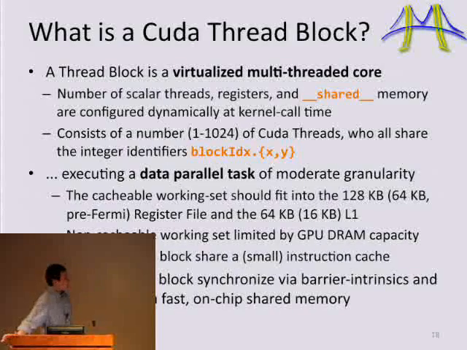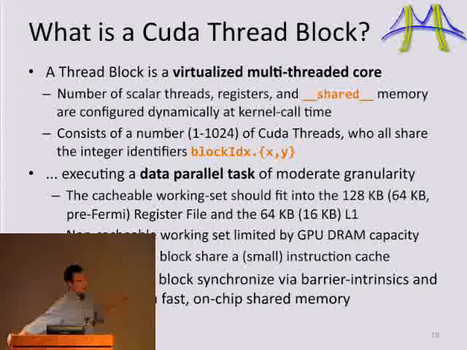So a CUDA thread block, a good way to think about it is a virtualized multi-threaded core. We'll talk more in detail later, but it essentially is equivalent to one of those streaming multiprocessors. You dynamically configure the number of CUDA threads, the number of registers, and the amount of L1 cache it has access to at kernel call time.